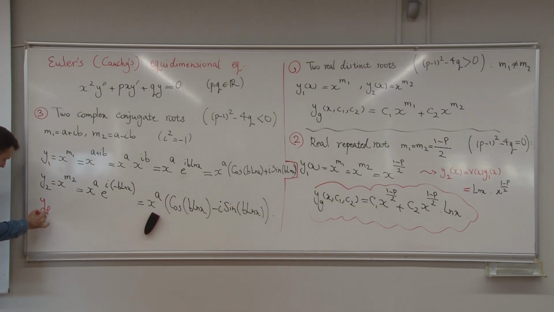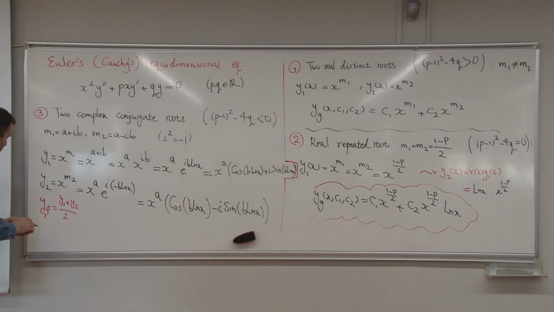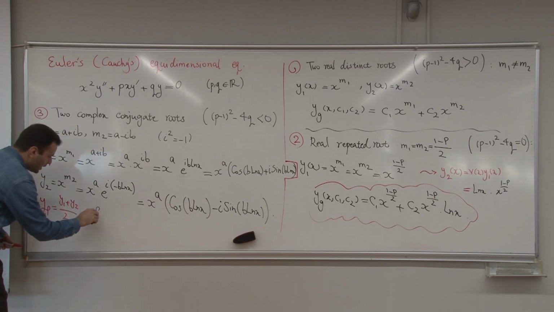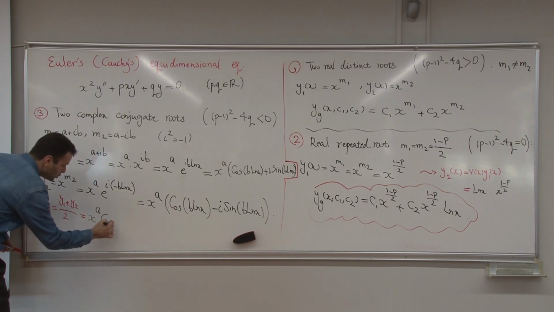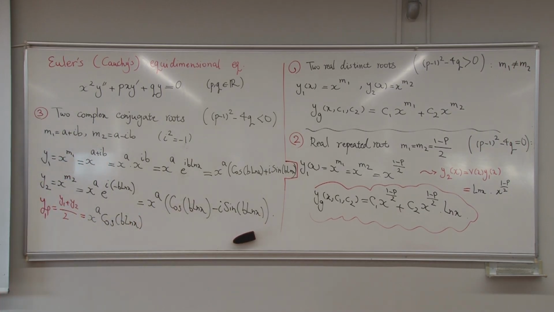I'm selecting this curly y as y1 plus y2 divided by 2. And if we do that, then this one is going to be x to the power of a cosine of b ln of x.